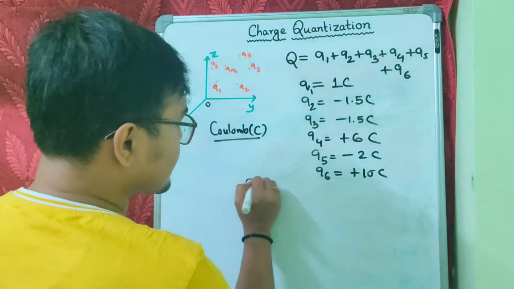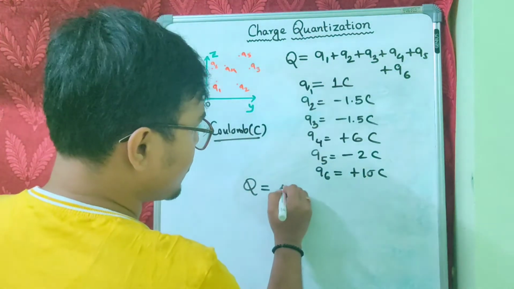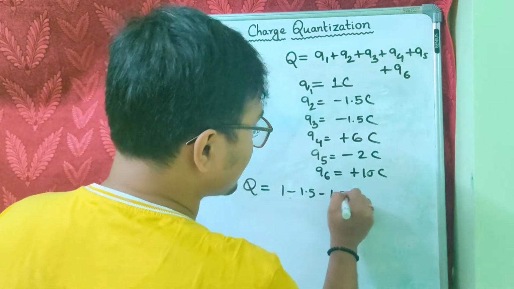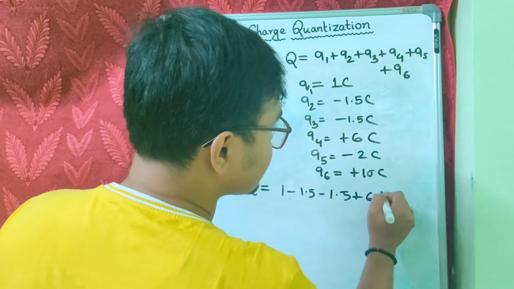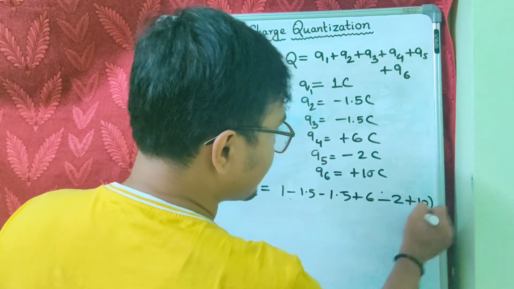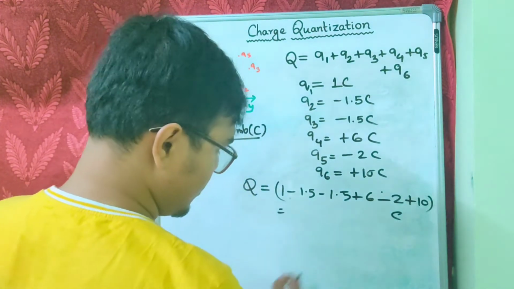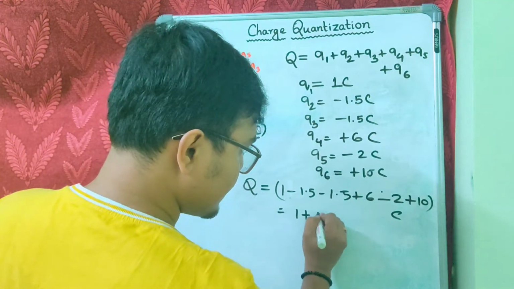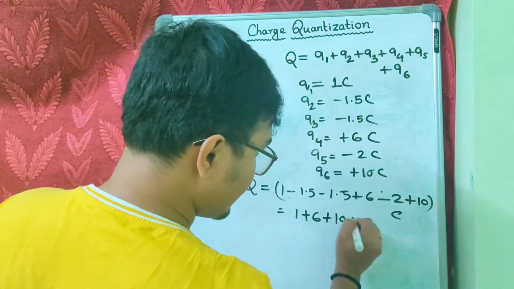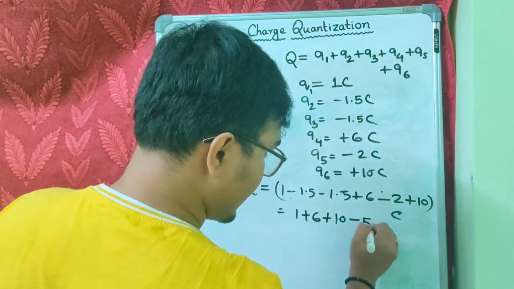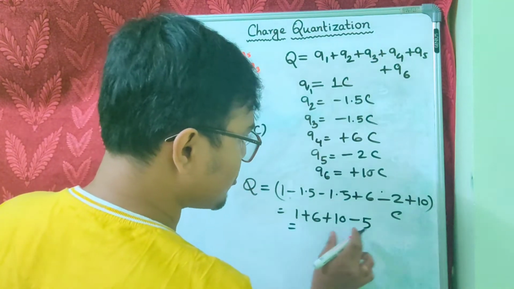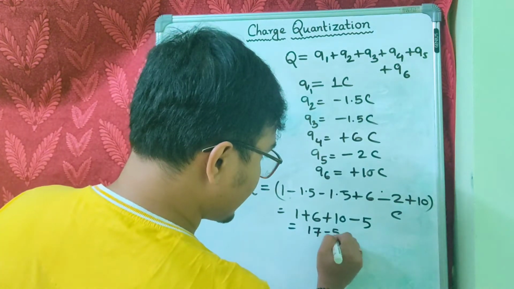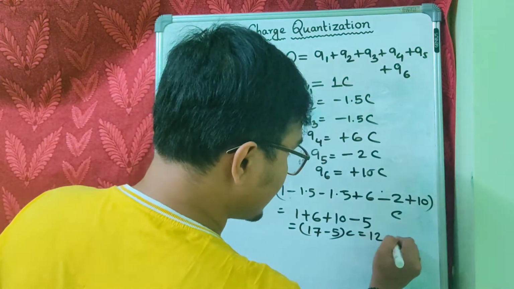So the total charge Q must be equal to 1 minus 1.5 minus 1.5 plus 6 minus 2 plus 10. The positives are 1 plus 6 plus 10, which is 17, and the negatives are 1.5 plus 1.5 plus 2, which is 5. So 17 minus 5 Coulomb, that is equal to 12 Coulomb.